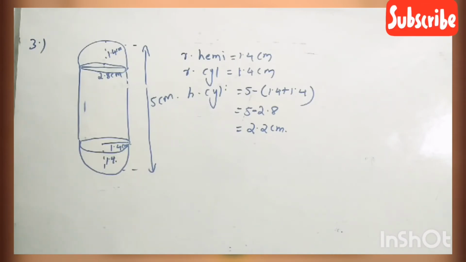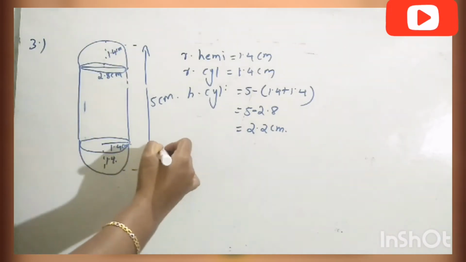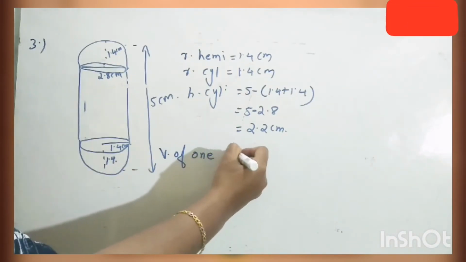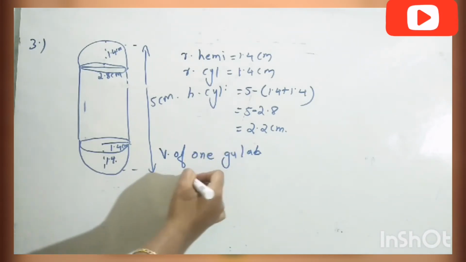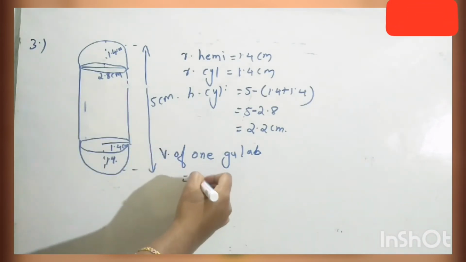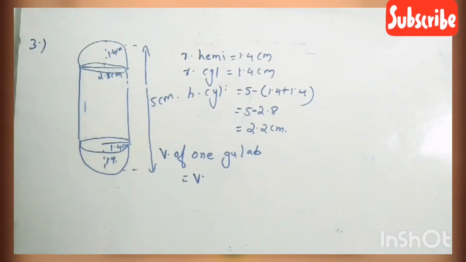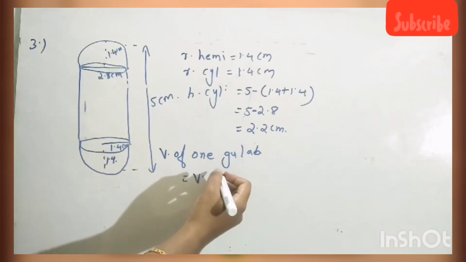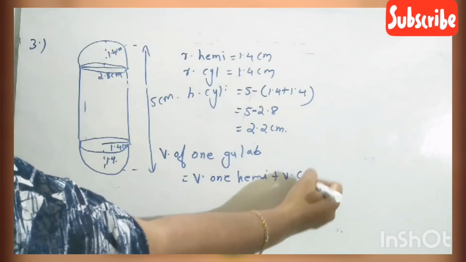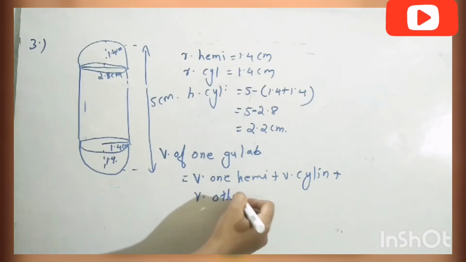Now, the volume of one gulab jam. We need to find out the volume of this shape. Here we have a combination of figures, so the volume of one gulab jam is the volume of one hemisphere plus the volume of the cylinder plus the volume of the other hemispherical end.